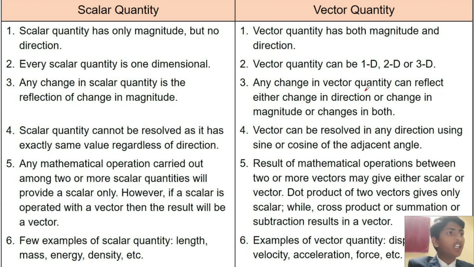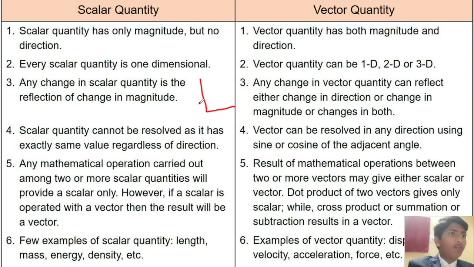Next, scalar quantity cannot be resolved as it is the exact same value regardless of direction. Scalar quantity cannot be described with direction because it just has a number and a unit. But a vector quantity can be described with different angles using sine, cosine, cotangent. With trigonometric ratios we will calculate the direction.